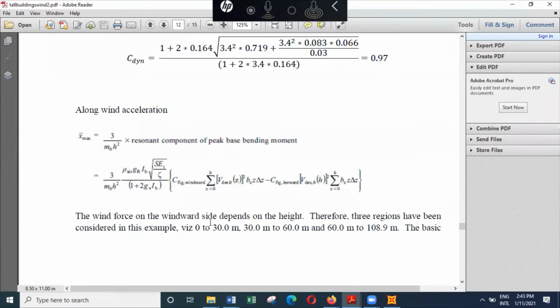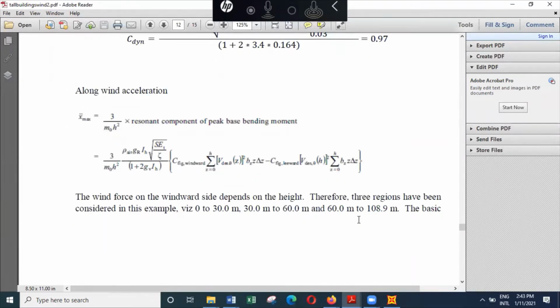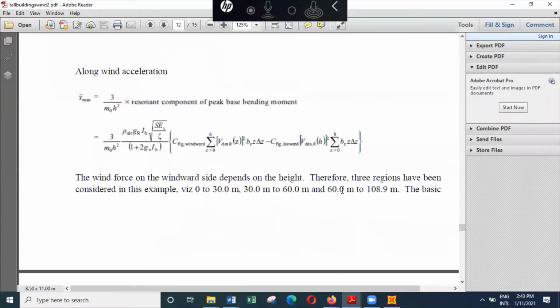So wind force on the windward side depends on the height. Therefore, here you can see we have an equation to determine this component, the peak base moment.